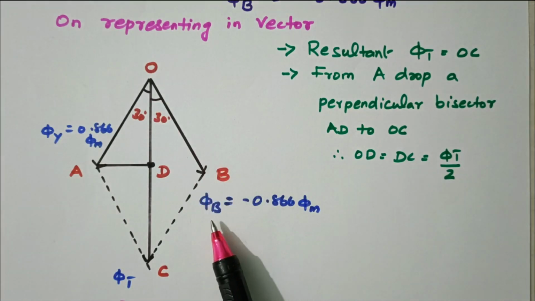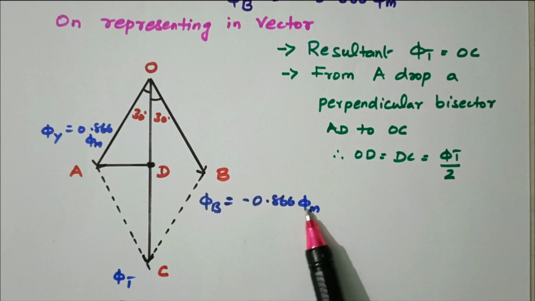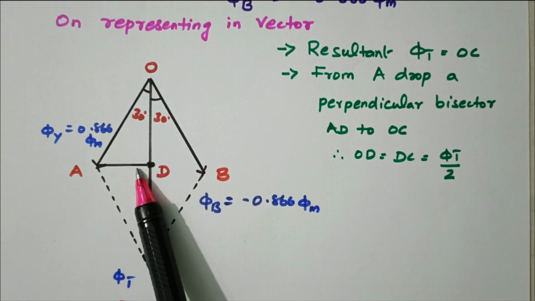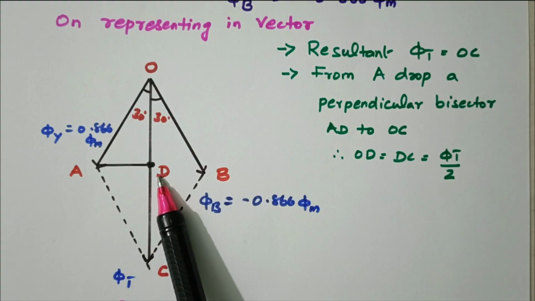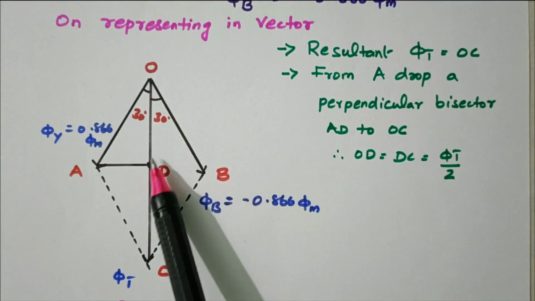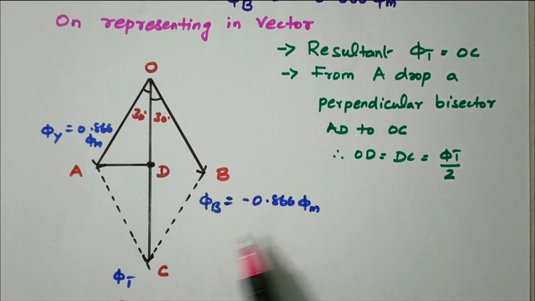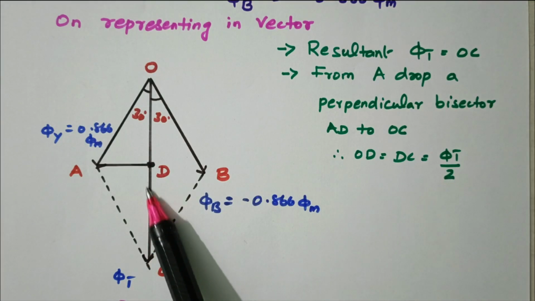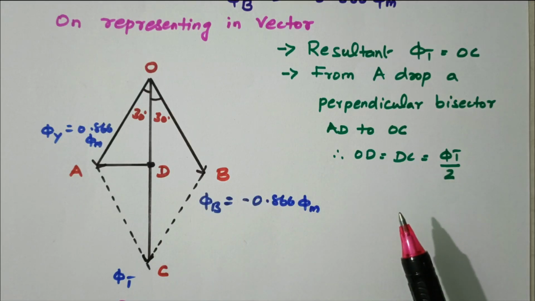OB is phi b, minus 0.866 phi m. Here also we have dropped the perpendicular line. It intersects at D, that is the bisector. OD equals DC equals phi t divided by 2. The total value is phi t, and half of it is phi t divided by 2.